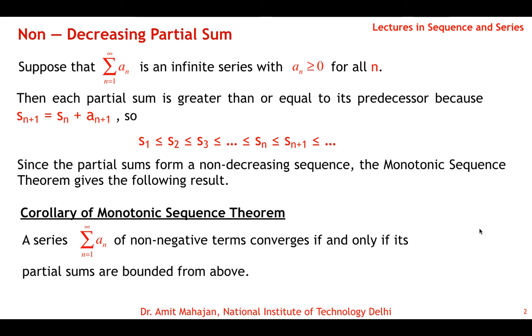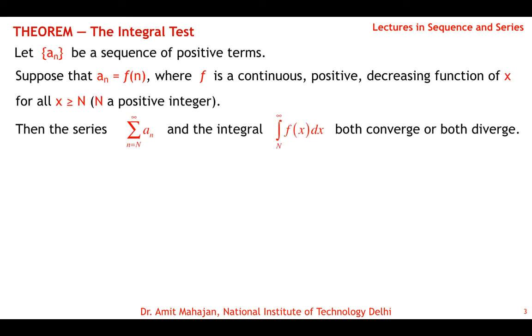Now we are ready to give our first result, the integral test, which says: let a_n be a sequence of positive terms. Suppose that a_n equals f(n), where f is a continuous, positive, decreasing function of x for all x greater than or equal to N, with N a positive integer.